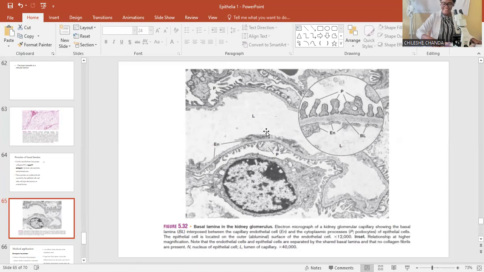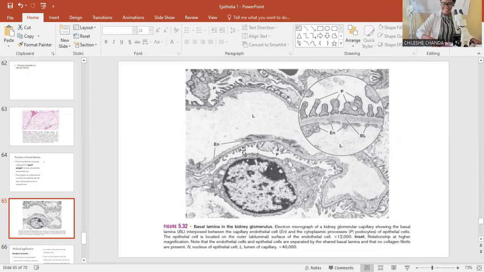And this blood vessel, remember we said that the epithelium of the blood vessel is known as endothelium. So these are simple squamous epithelial cells making up the endothelium. Between the endothelium and this epithelium of the kidneys, we have a basement membrane, because remember we said that every epithelial tissue should lie on a basement membrane.